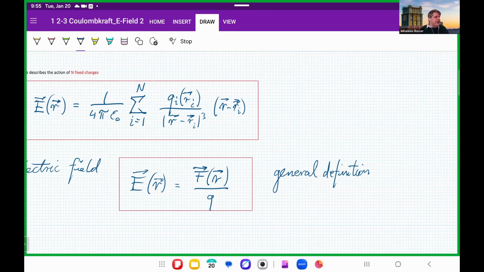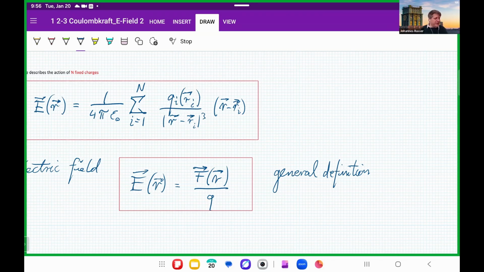The force that this test charge experiences depends on the surrounding charges, but also on the charge value of the test charge itself. So if you bring in a larger test charge, it will also experience a larger force, because by Coulomb's law the force is proportional to the charge.